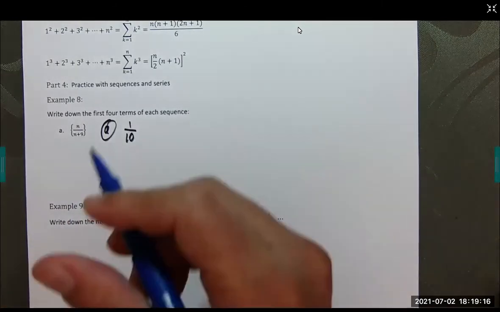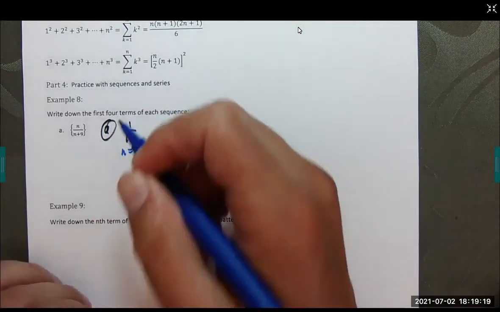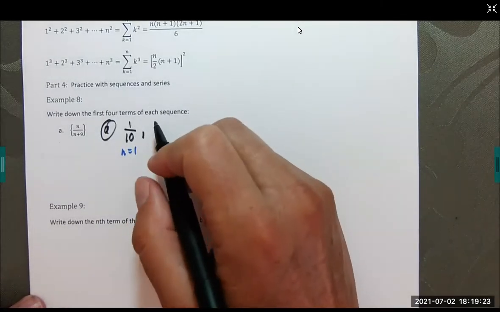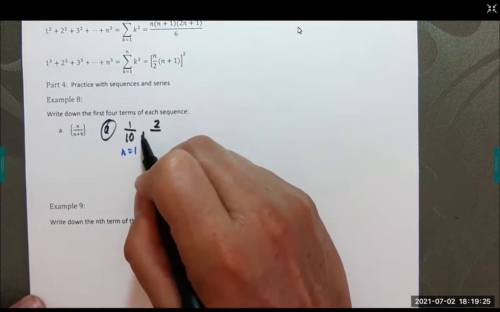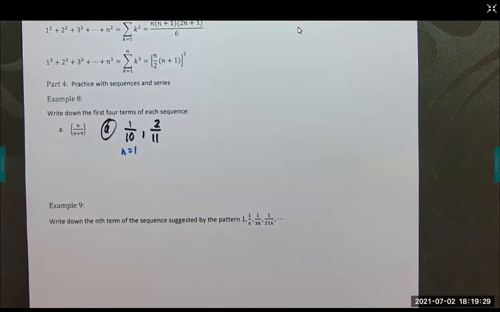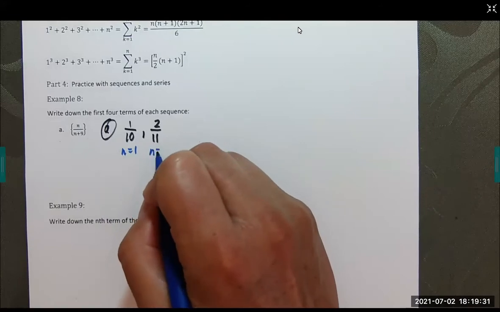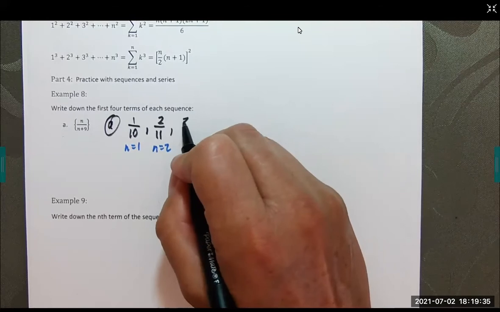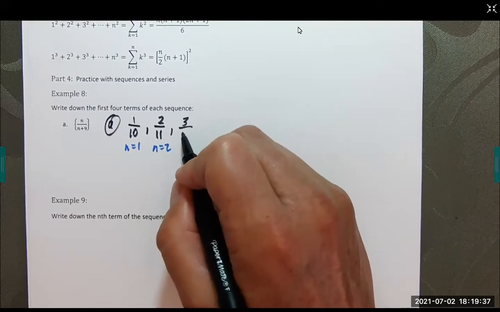And again, this is when n equals 1. Next up, it's going to be 2 over 2 plus 9, which is 11. So again, this is n equals 2. Next up, 3 over 3 plus 9, which is 12.